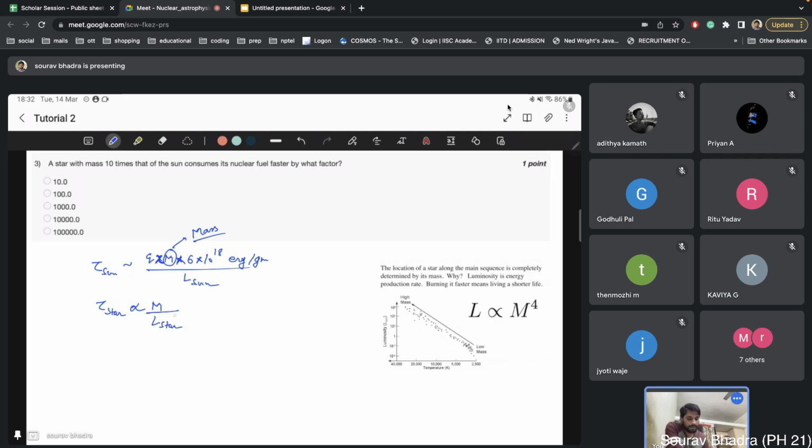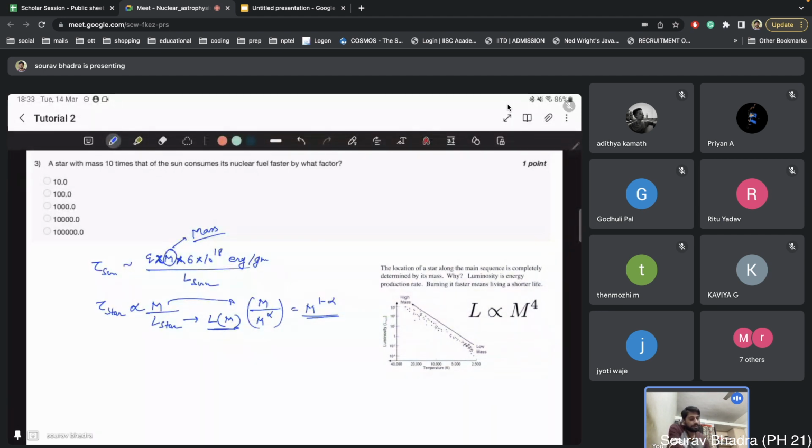So if I write L as a function of m, suppose m^alpha, and the numerator has one m itself, so that will be m to the power 1 minus alpha. It is a useful thing to express L in terms of m to the power something. So there it is coming, the famous mass-luminosity relation of any star.